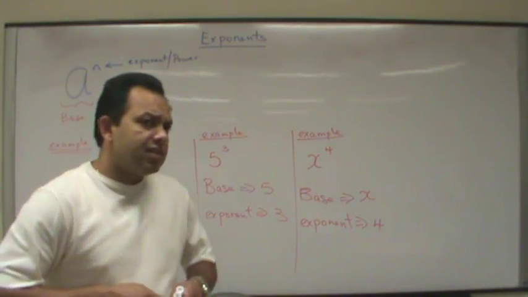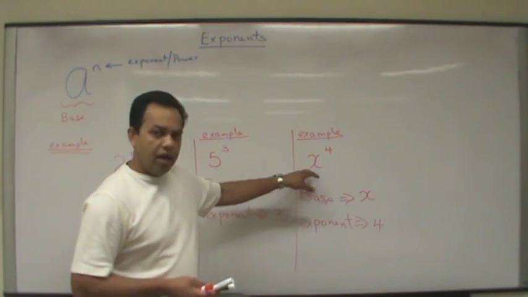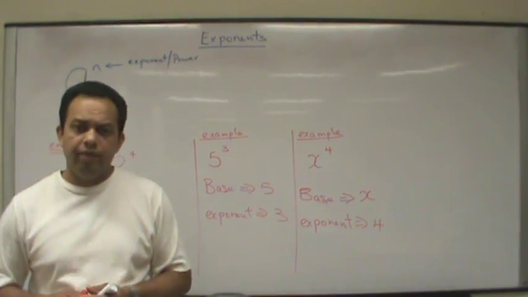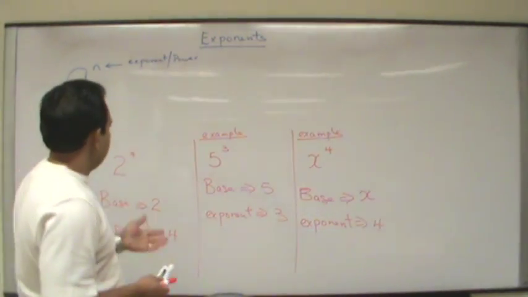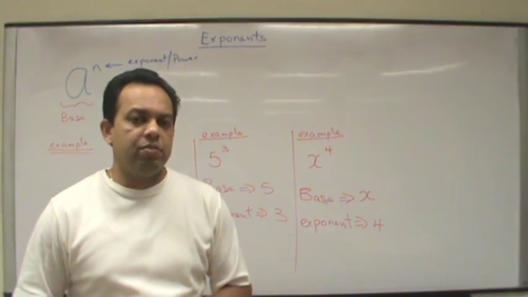So the base doesn't necessarily have to be a numerical number. The base could also be a letter or a variable. With that being said, we will now move into the properties of exponents.